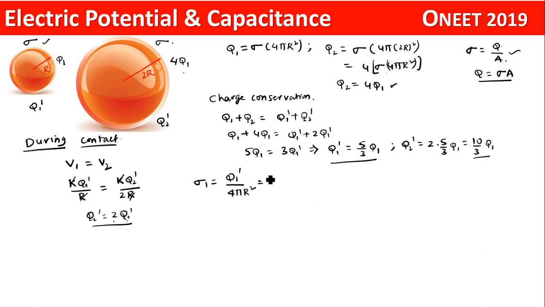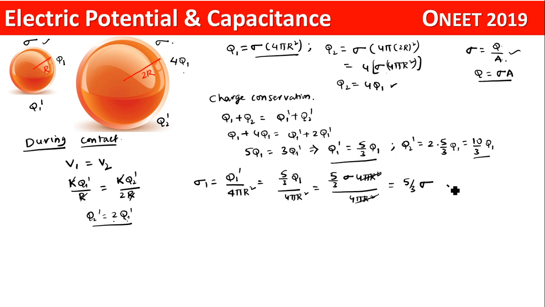So Q1 dash is 5 by 3 times Q1 divided by 4 pi r square, and Q1 is sigma into 4 pi r square. The 4 pi r square gets cancelled, and you get 5 by 3 sigma.